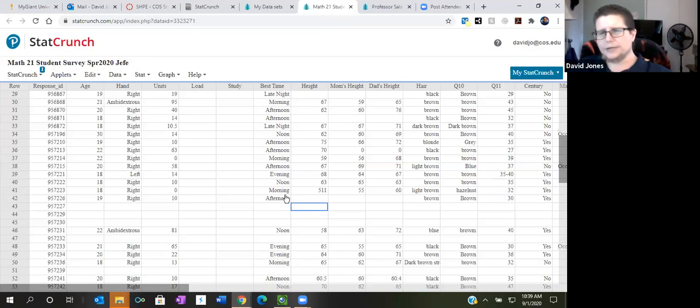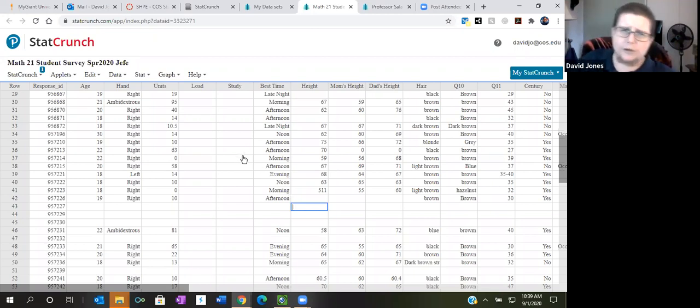Now, when you get data and you get results like this, it's a good time to discuss it. You have the option of discarding it because it's clearly not true. No one is 511 inches tall. Okay? Nobody. How tall is that? 511 divided by 12 is 42.5 feet tall.